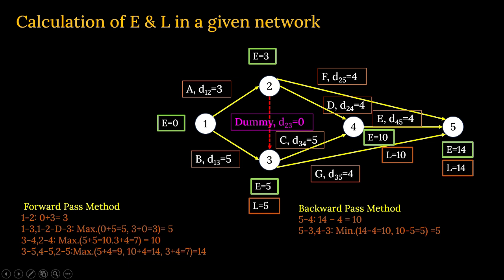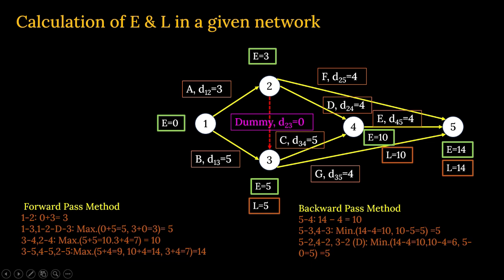Now let us consider node number 2. How many arrows are coming back to this point? So for 5, take all the things in the reverse direction. So 5 to 2 is one path, 4 to 2 is another path, and 3 to 2 is another path. These 3 paths are coming back. So 5 to 2, here L is 14, duration is 4.